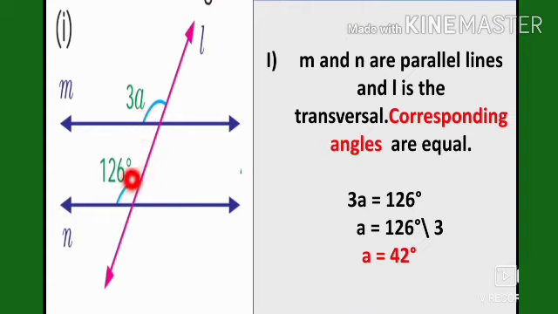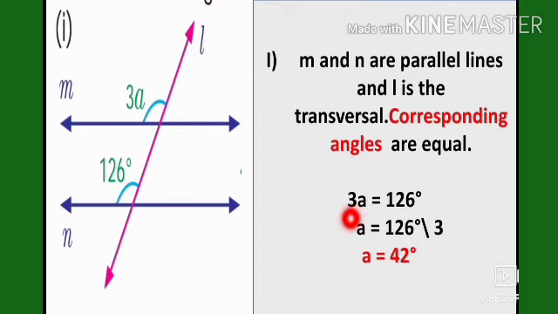We know that two corresponding angles are equal. So 3A and 126 degrees are equal, so we can equate these two angles. 3A is equal to 126 degrees. So we need the value of A.